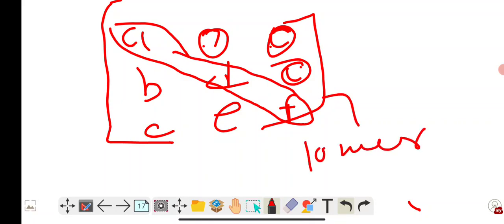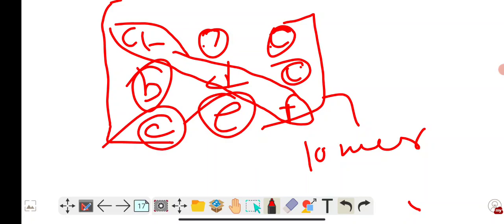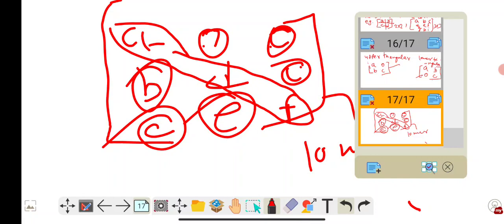And in the case of an upper triangular matrix, all the elements below the diagonal should be 0. In this way we have finished the types of matrix.